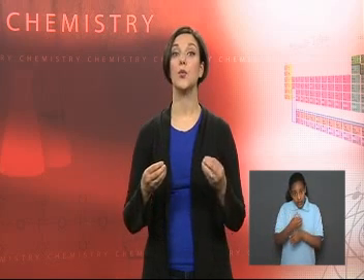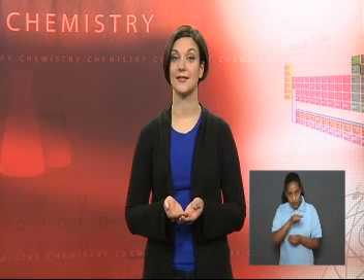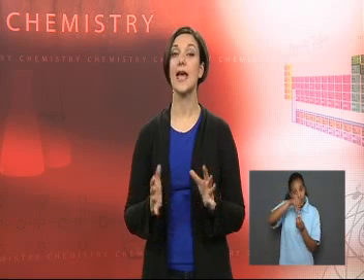Let us now discuss an experiment that determines the equilibrium constant for an organic acid. We begin by taking a 100 milliliter round bottom flask and adding 10 milliliters of 0.5 M acetic acid and 10 milliliters of 0.5 M propan-1-ol.